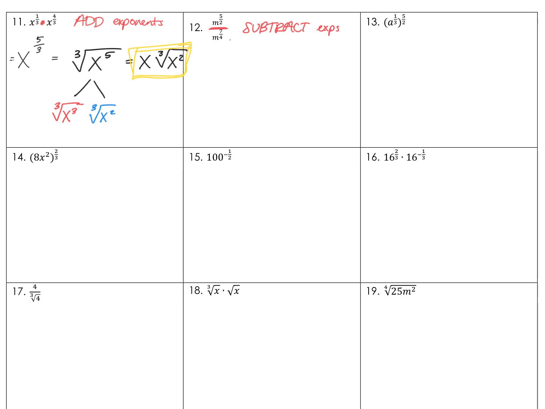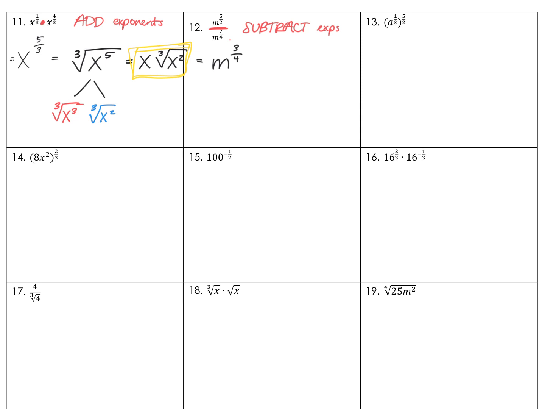Subtract the exponents because you have division, you're like canceling out, okay? So you can use your calculator if you want. Literally, you type in 5 halves minus 7 fourths. That's 5 halves, same thing as 10 fourths, so 10 fourths minus 7 fourths. It is, do you have it? 3 fourths. We are not going to stop here today.